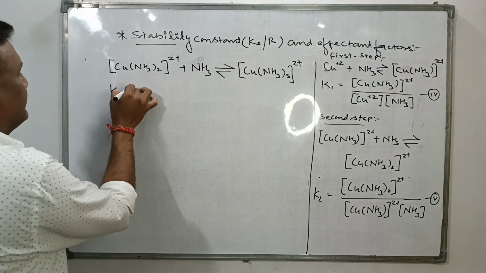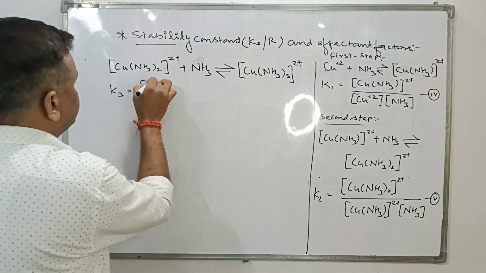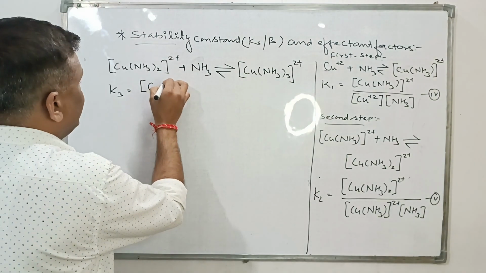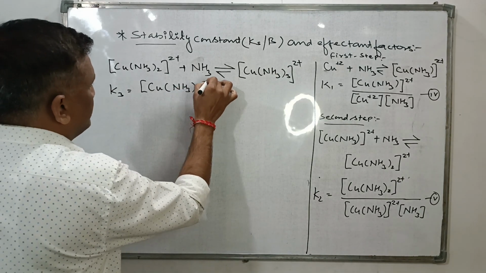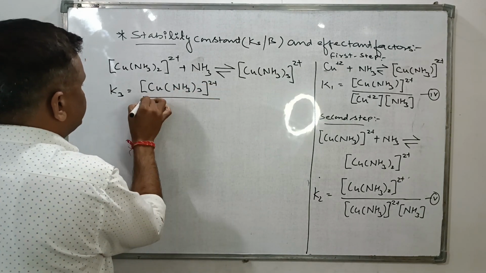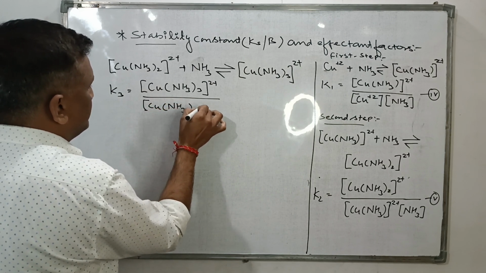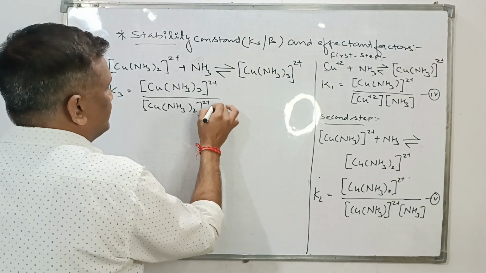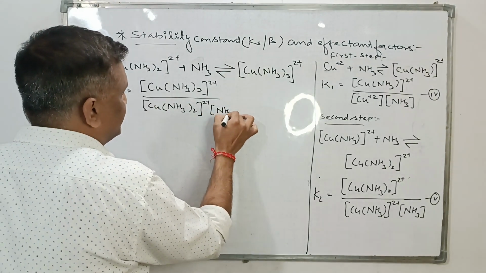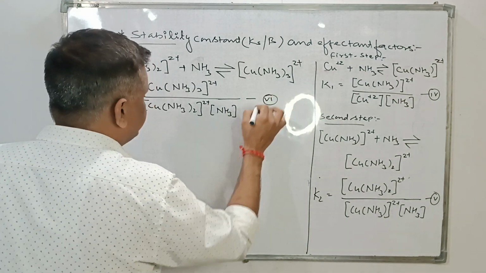Regarding it, K3 is Cu(NH3)3 2 plus upon Cu(NH3)2 2 plus and NH3, that is product upon reactant. This is equation number 6.